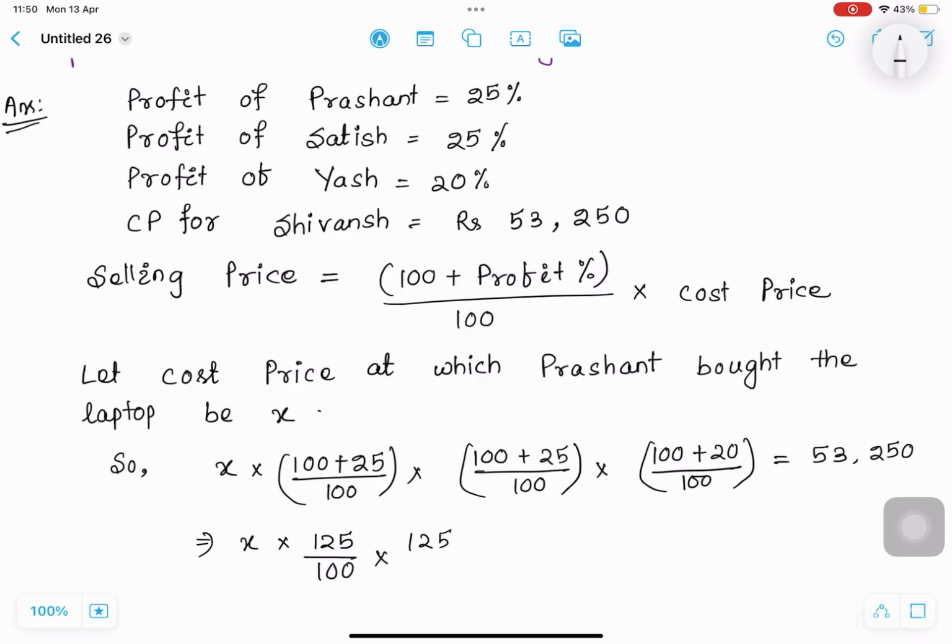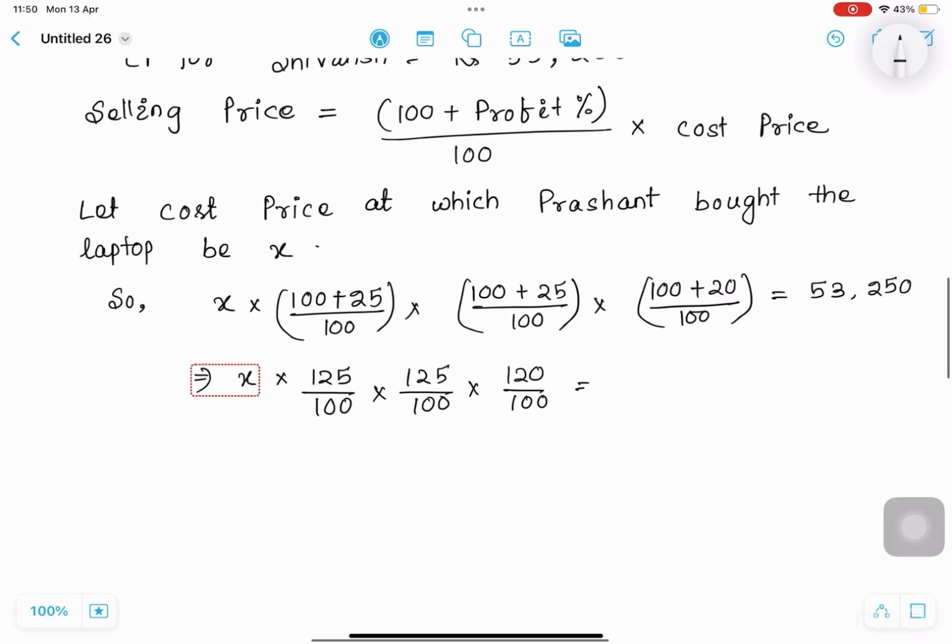So X into this much, 125 by 100 into 125 by 100 into 120 by 100.